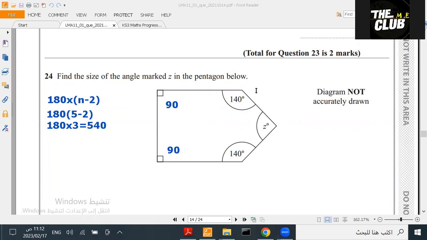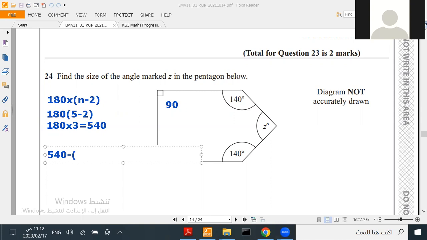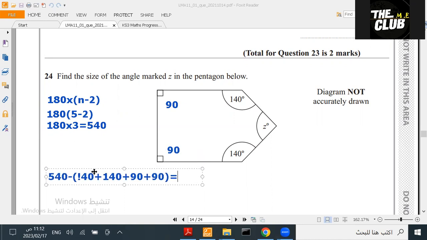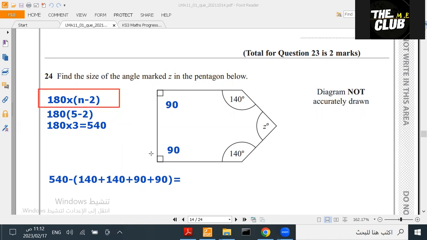Now I'm going to add all of the known angles and then subtract them from 540. When you add them up, 140 plus 140 plus 90 plus 90, you get 460. So first we found the sum of the angles of the pentagon using this rule: 180 times n minus 2, where n is the number of angles. 5 minus 2 gives 3, times 180 gives 540. So 540 is the whole pentagon.